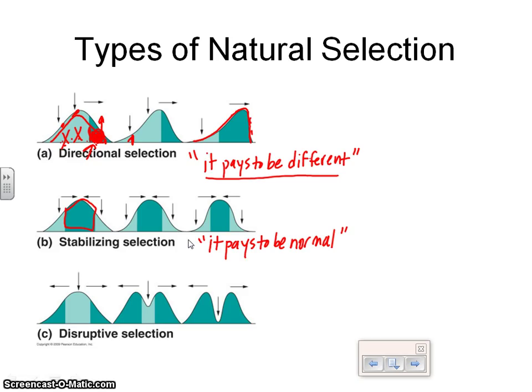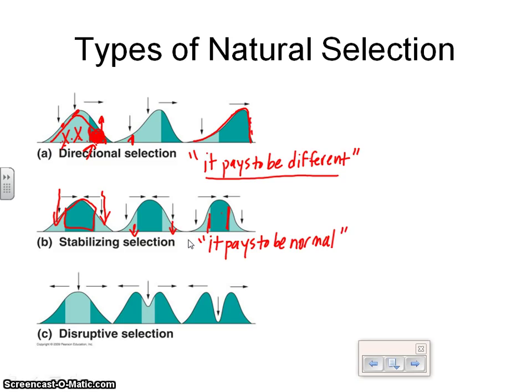Okay, over time, pressure is put on the extremes because that particular trait at that particular time in that environment is not good. So those numbers decrease and we see more of the normal range. And so that means it pays to be normal. So that's stabilizing.